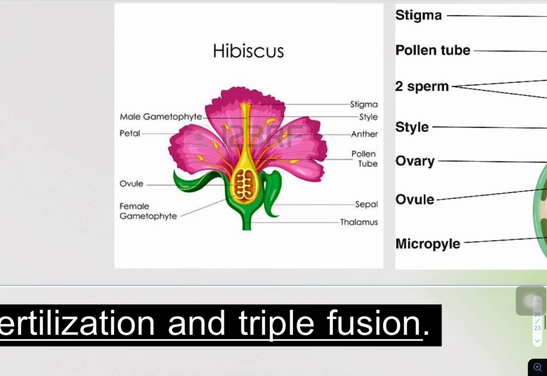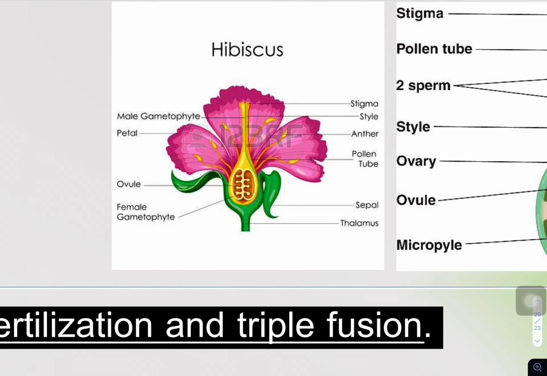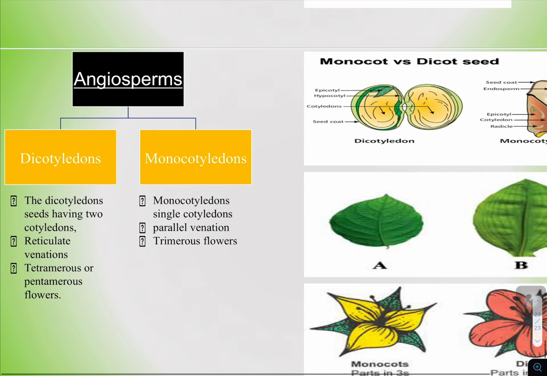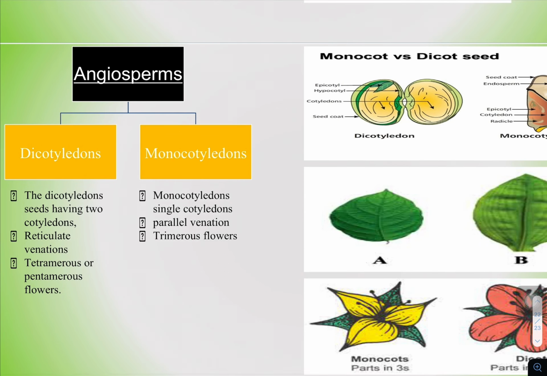See here, this is the structure of a flower. These are sepals, these are petals. This is the androecium, the male reproductive structure, and this elongated bulged part is called what? Gynoecium. Here this is the ovary, within the ovary there are ovules. Next, angiosperms are divided into two subclasses, that is dicotyledons and monocotyledons.